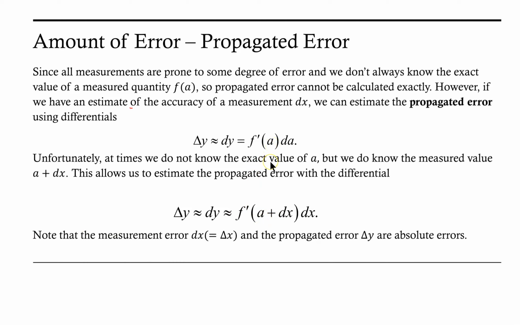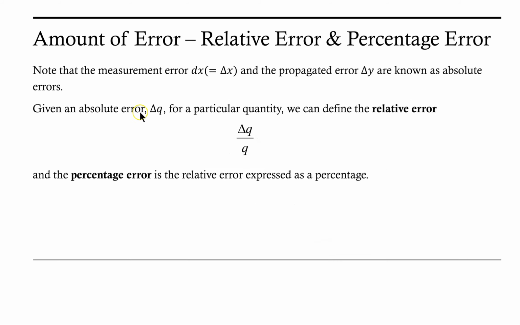So in the case of our circle, a plus dx would be the measured radius, where a would be the true radius. Note that the measurement error dx, also referred to as delta x, and the propagated error delta y are referred to as absolute errors. They are errors in quantity and they have units attached to them.